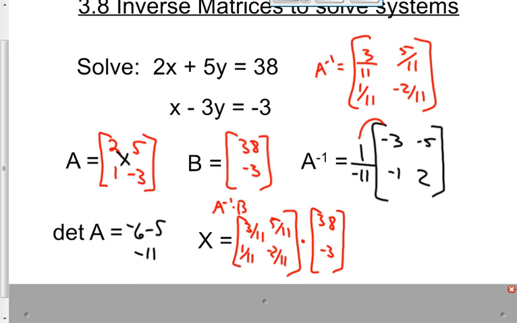All right, so the first one, 3/11 times 38, 114 elevenths. Slide over, slide down, gives us negative 15 elevenths. So it's 114 elevenths minus 15 elevenths. That's 99 elevenths. That's 9.